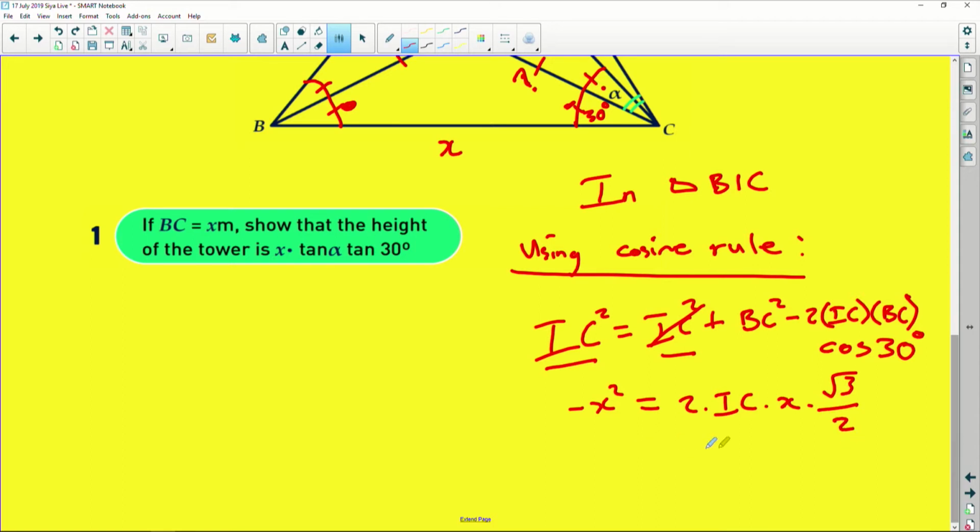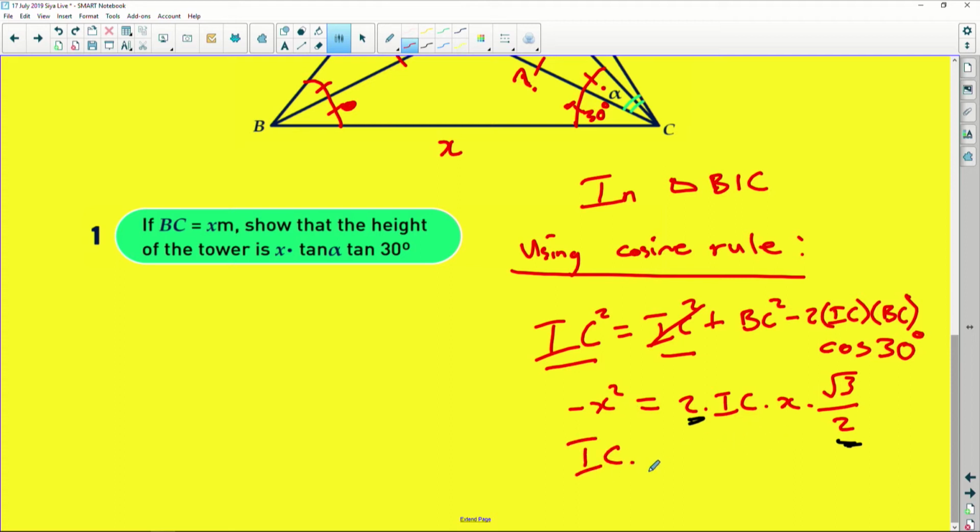And from there, remember we said we were trying to find what IC is. This 2 here and that 2 here will give me 1 because it's a numerator and a denominator.